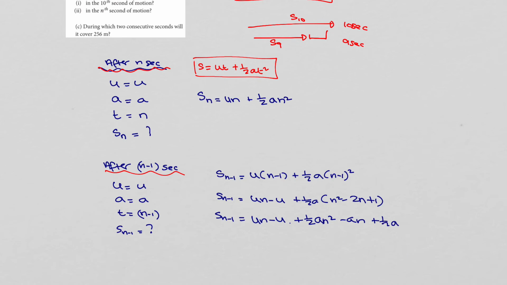So say, for instance, this is the distance travelled after 10 seconds, and if this is the distance travelled after 9 seconds, then the distance travelled during the 10th second would be the difference between those two. So we're then going to say, well, s during the nth second is the difference between the two.